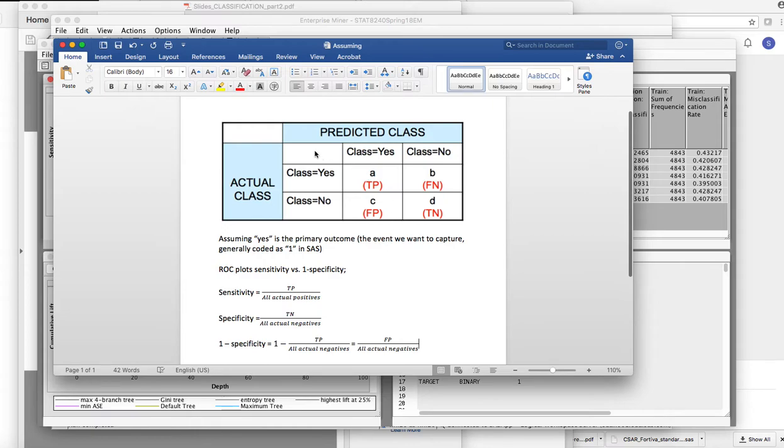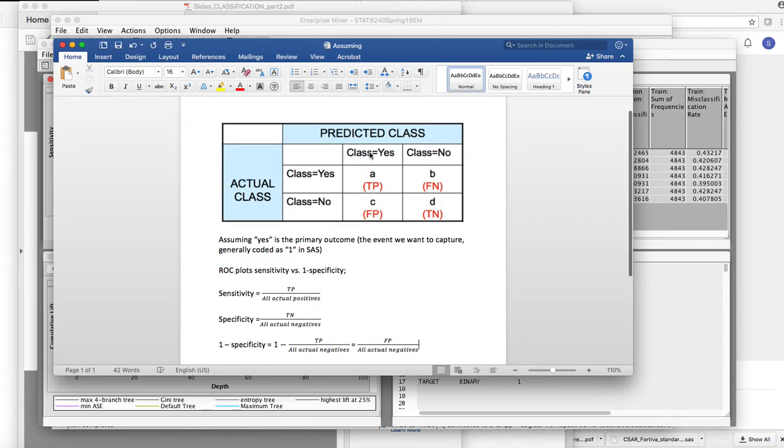When we have a binary classification, there are two classes for our responses: yes or no, positive or negative, or 1 or 0. Our model will give a classification type of prediction. Every observation could be predicted into the positive case, the yes case, or the 1 case, or into the 0 case, the no case, or the negative case.